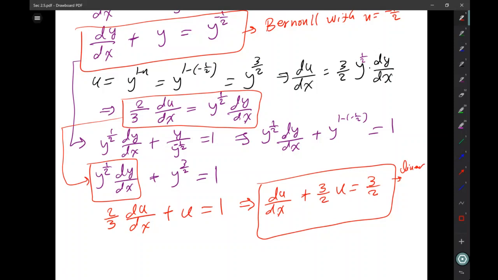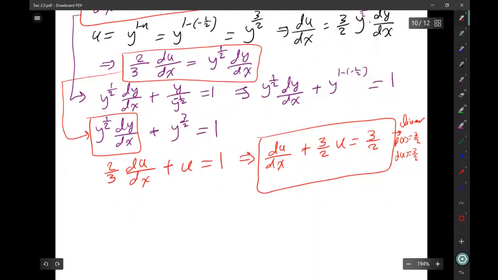Linear equation, where p of x is equal to 3 by 2 and f of x is equal to 3 by 2. I have to solve it as a linear equation.